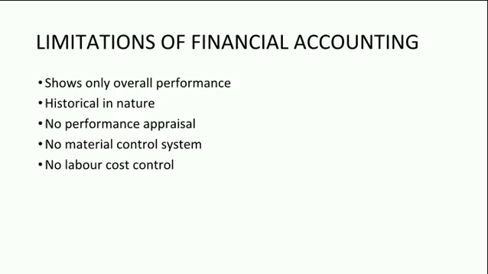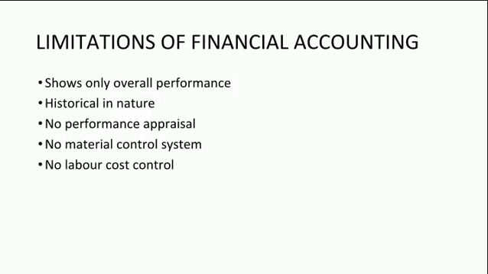There is no other method to identify what deviations are happening. In cost accounting, we have budgetary control, standard costing, and variance analysis. There are a variety of techniques to control cost and analyze it. But such an appraisal is not available in financial accounting.